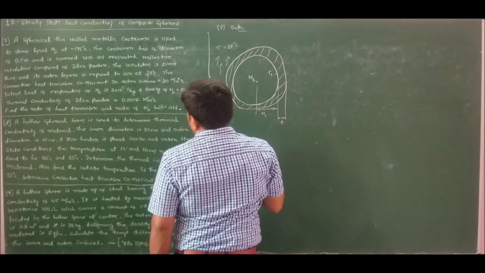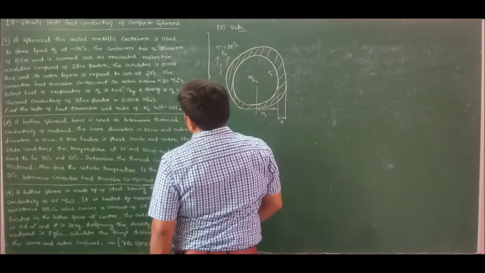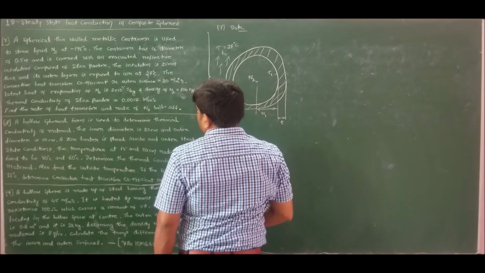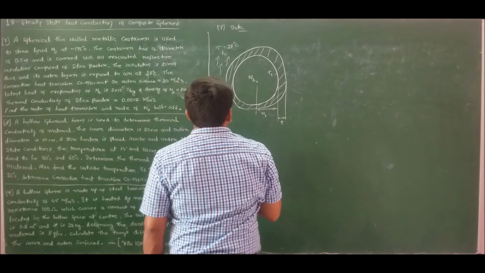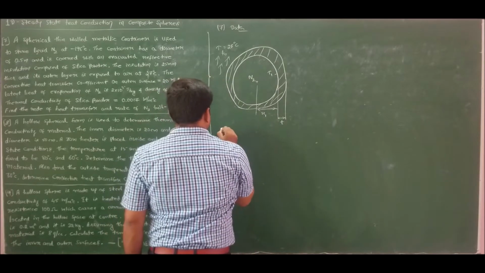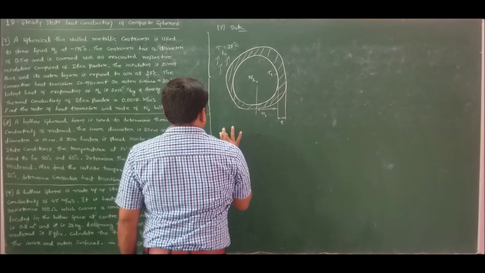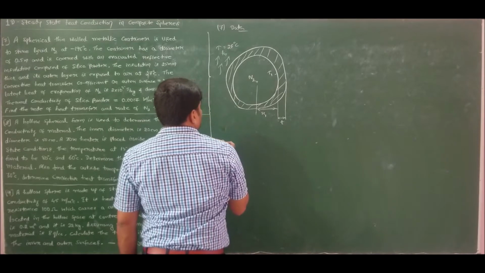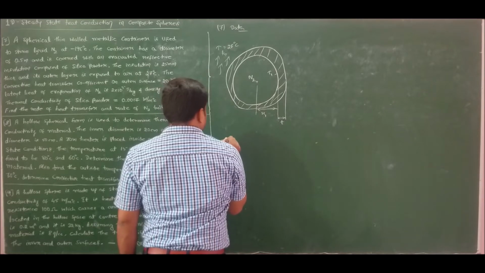The convective heat transfer coefficient on the outer surface is also specified, h0, and the latent heat of evaporation and density of liquid nitrogen are given. Now let us first formulate the electrical circuit which gives us a clear idea.